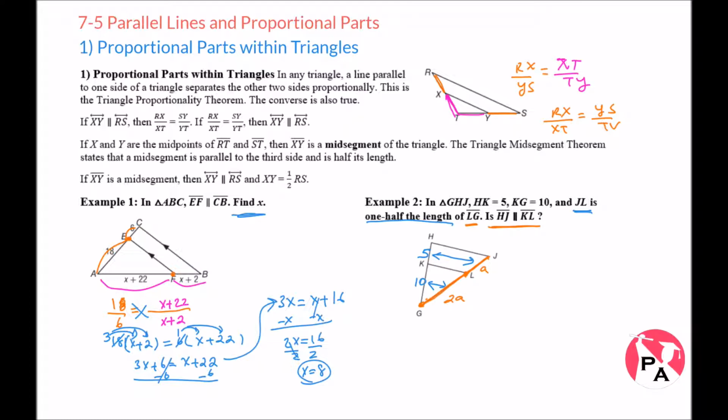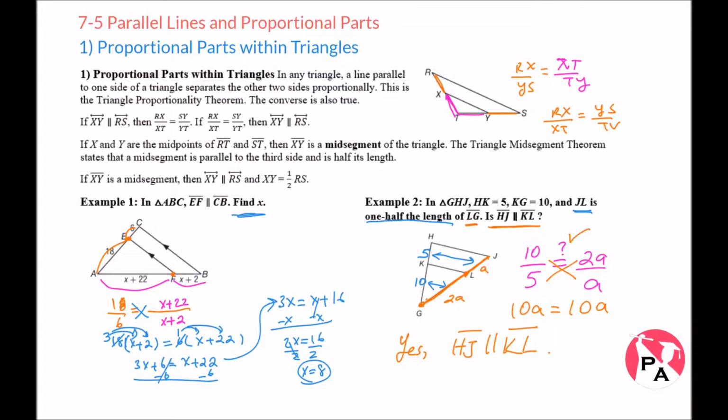So let's see if that is the case. 10 over 5, we are going to see if it is equal to 2a over a. If we cross multiply, we have 10a equals 10a. This is a true statement, so that means yes, the ratios were equal to each other, that means yes, segment HJ is parallel to segment KL.